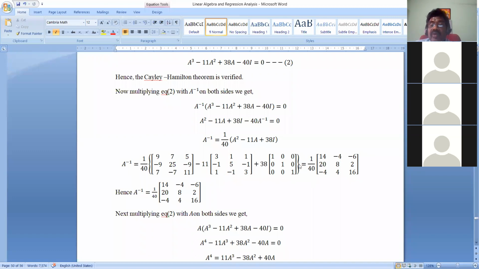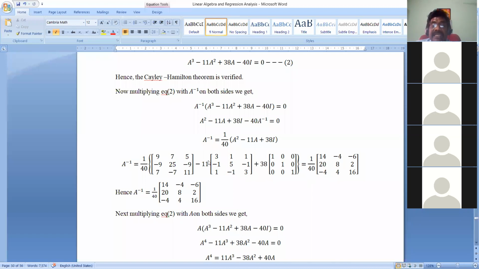Now that is equal to 1 by 40 into 9 minus 33 plus 38. 9 minus 33 plus 38, that is 5. 5 plus 9, 14. 1 by 40 into 14.